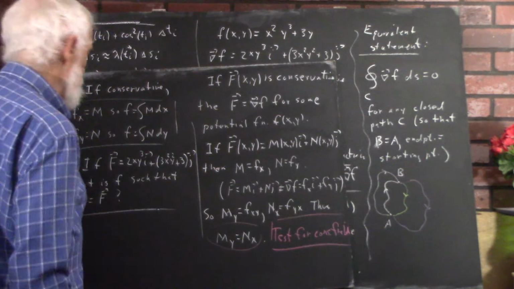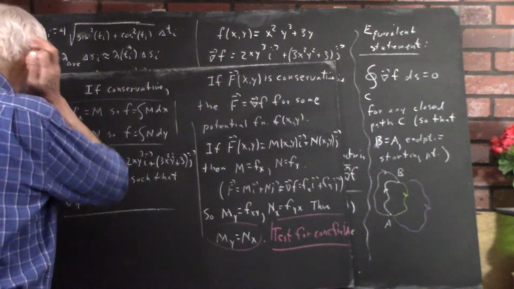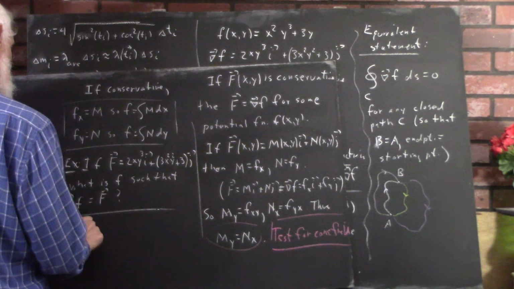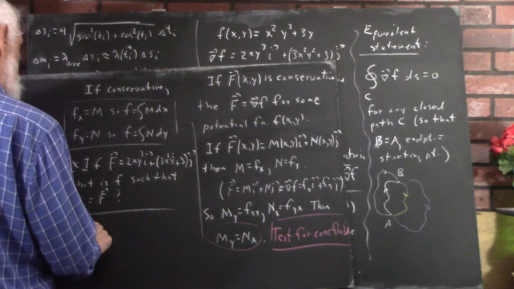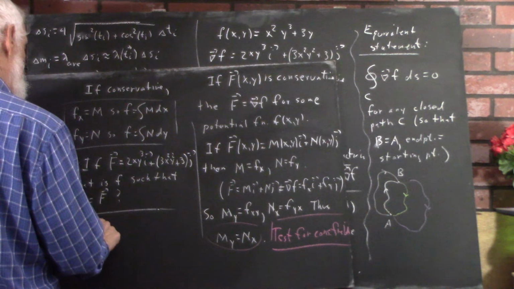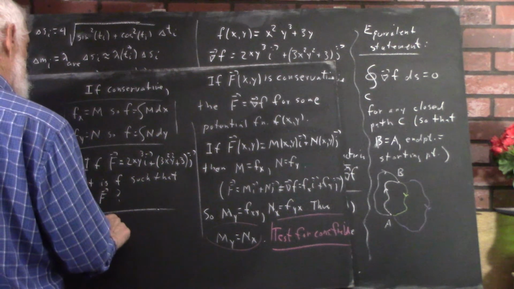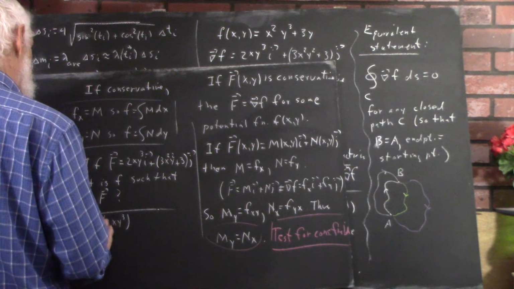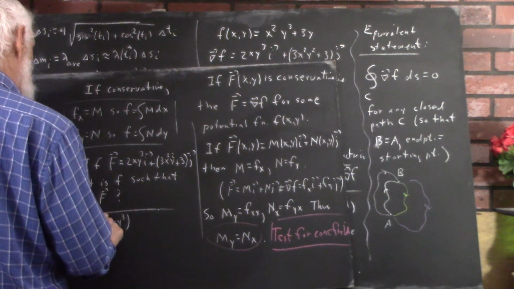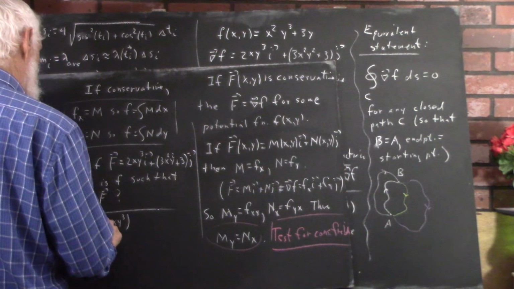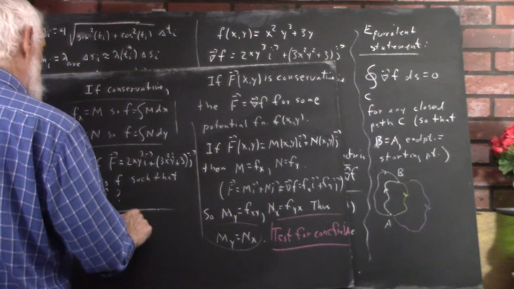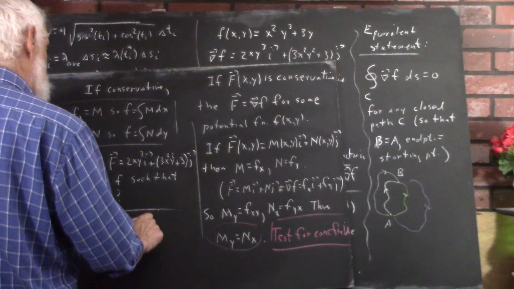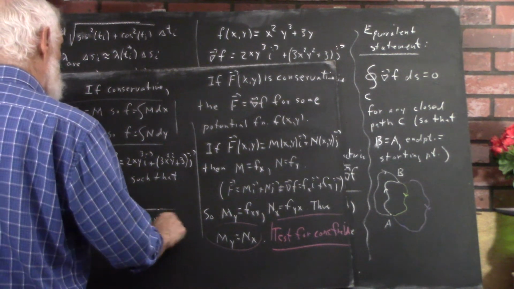Okay, well, using our M and our N, first of all, M_y equals the partial of 2xy cubed with respect to y, which is 6xy squared.